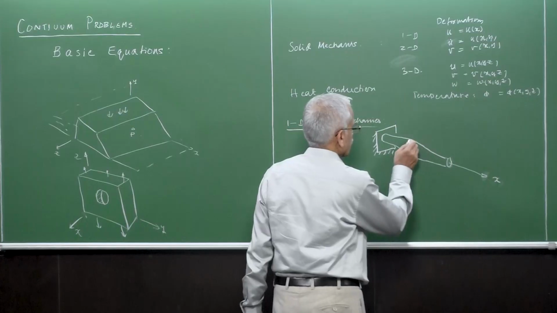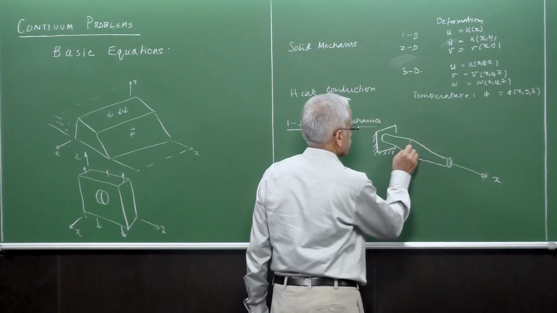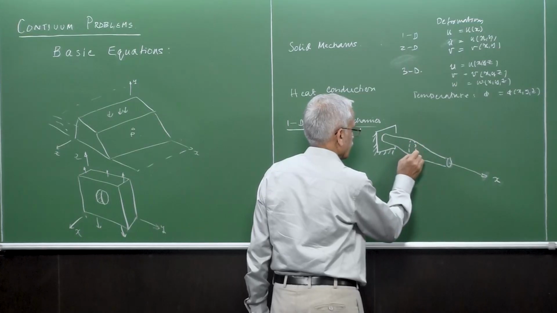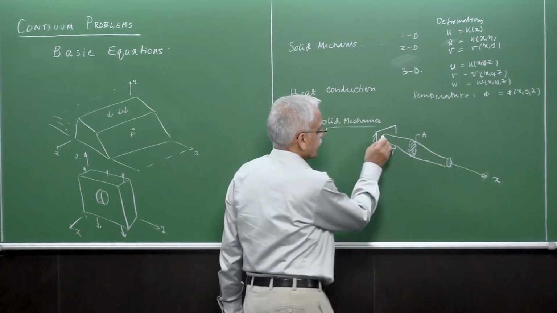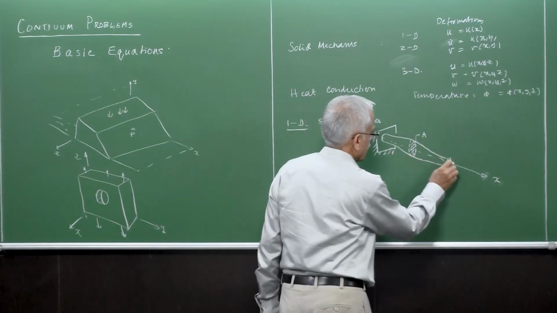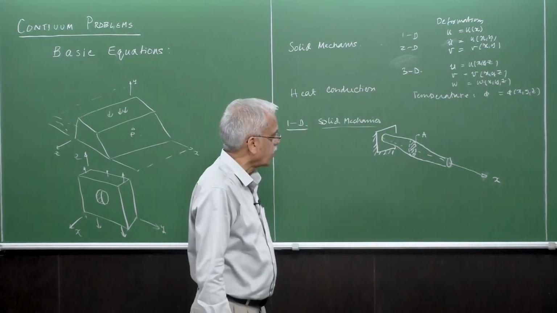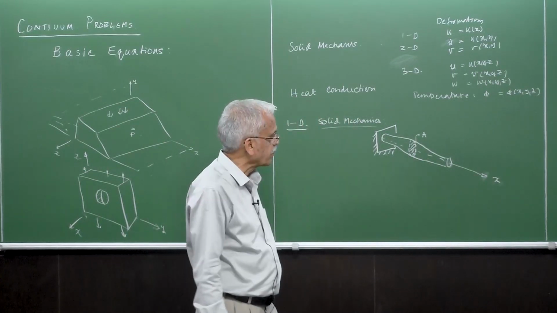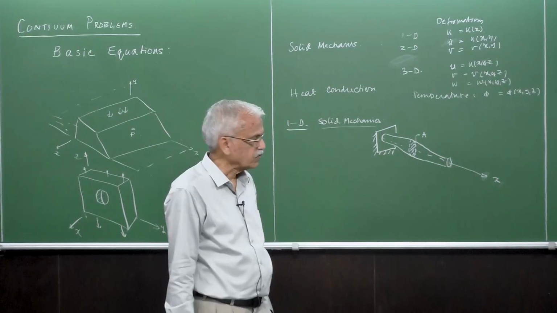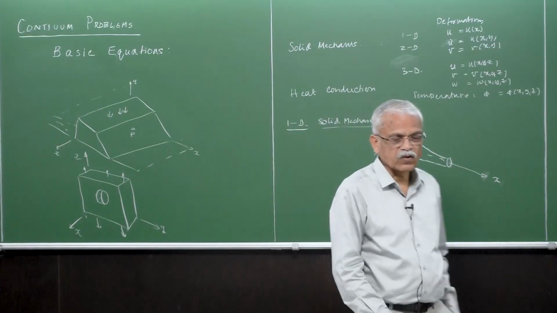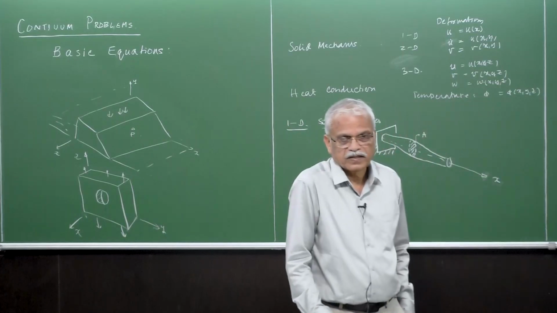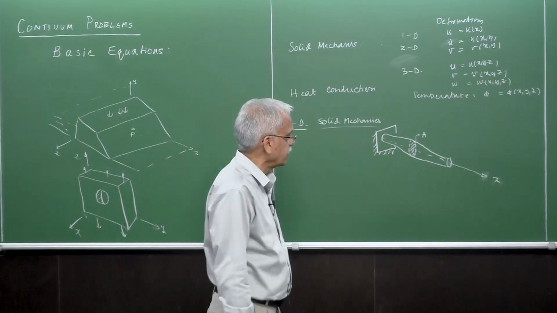So this is a rod of variable cross section, a one-dimensional thin rod. Of course, the cross-sectional area is not negligible; it is some small value, however.